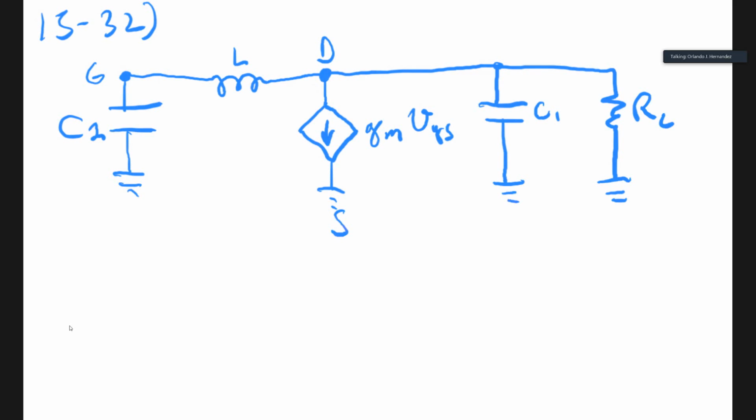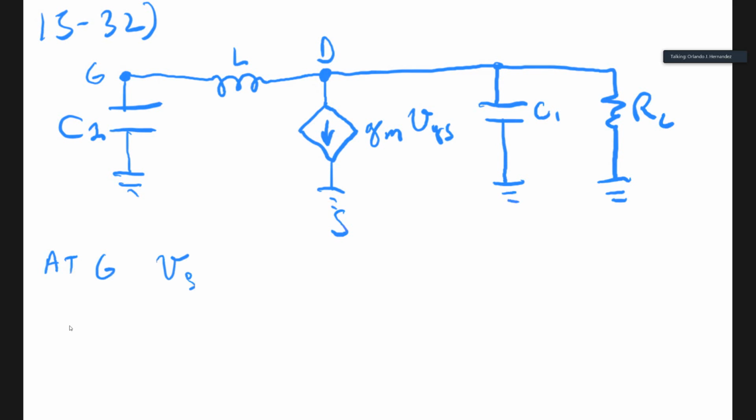So then the first thing that we did is to write a couple of node equations. So the first node equation that I'm going to write is at the gate of the transistor.